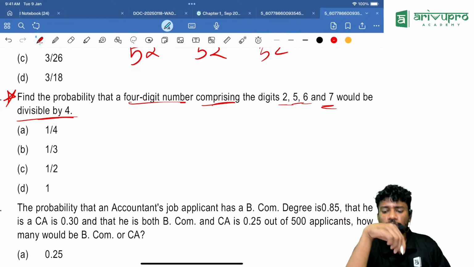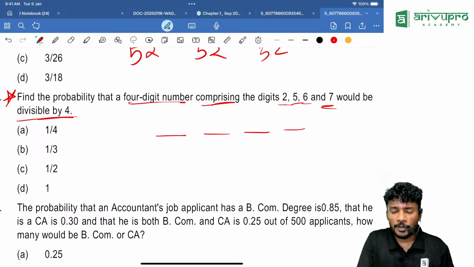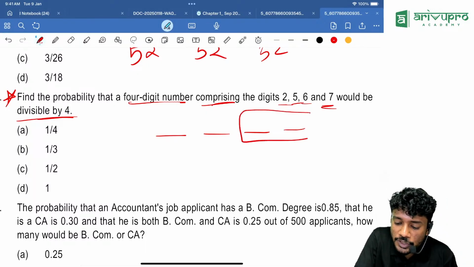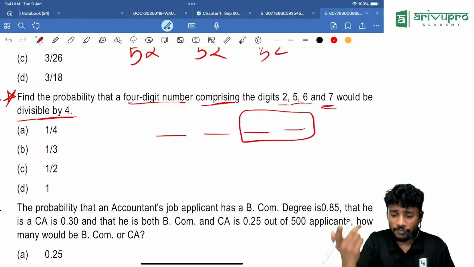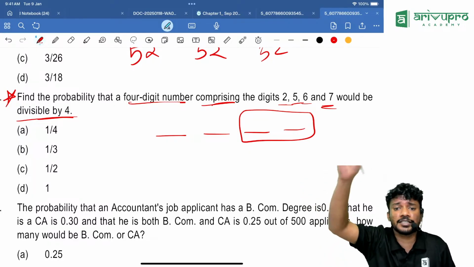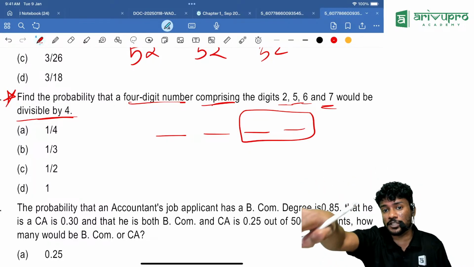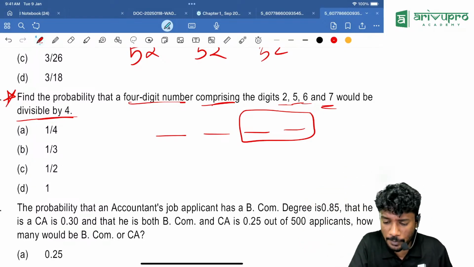What do you think? 4-digit number means the last 2 digits should be divisible by 4. For example, 25, 26, 27, 56, 57, 76, 75, 72. Now, what are the possibilities? Which values will be divisible?